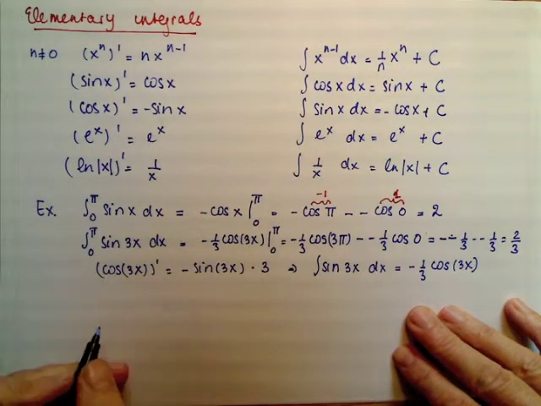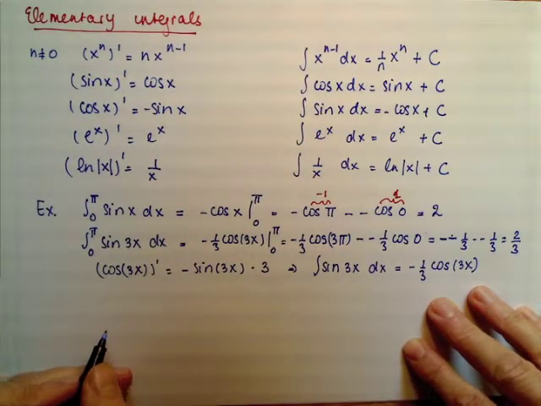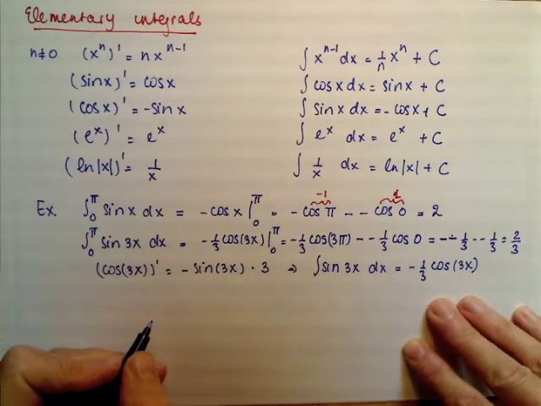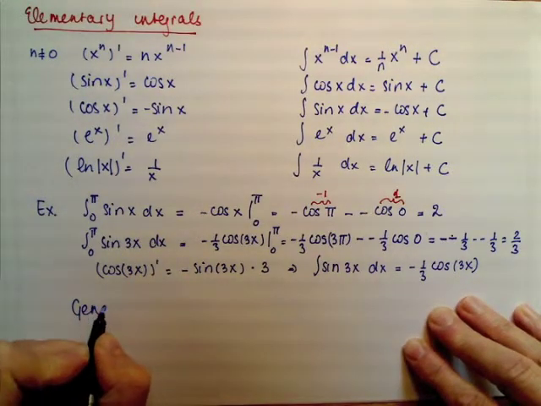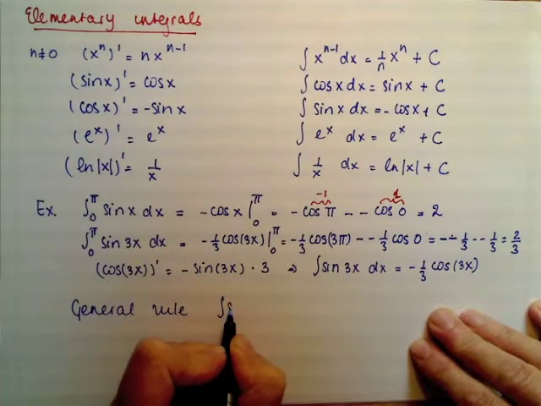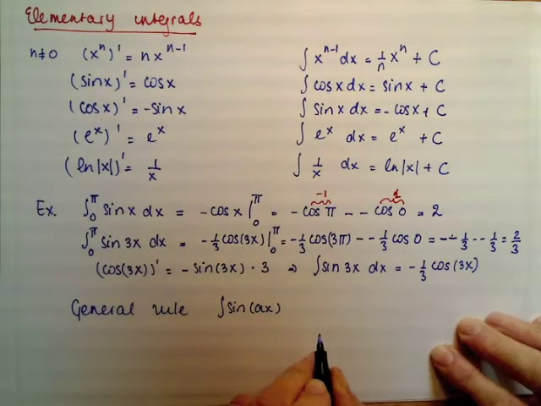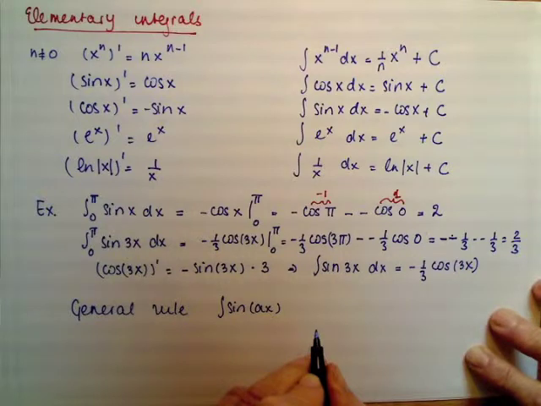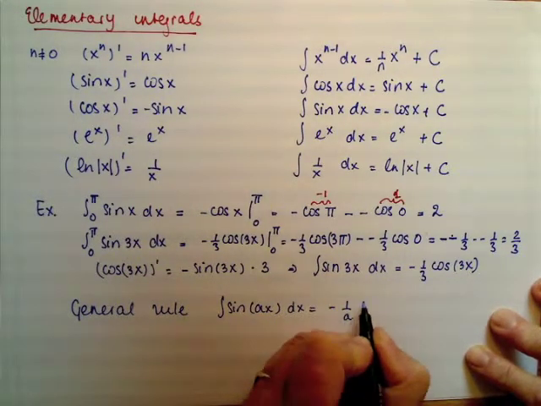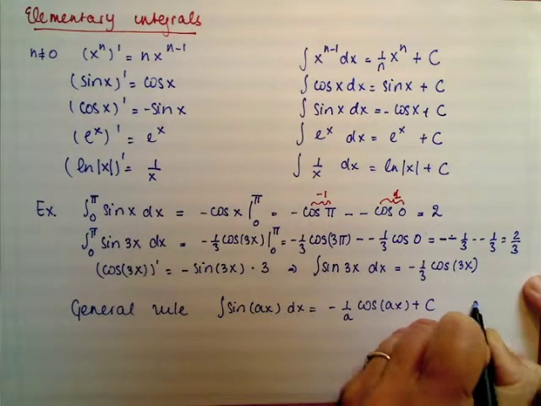So this is of course typical. If we replace this constant 3 by an arbitrary constant a, as a general rule we get that the primitive of sine of a times x, where a is some constant that is not equal to 0, is minus 1/a cosine of ax plus a constant.